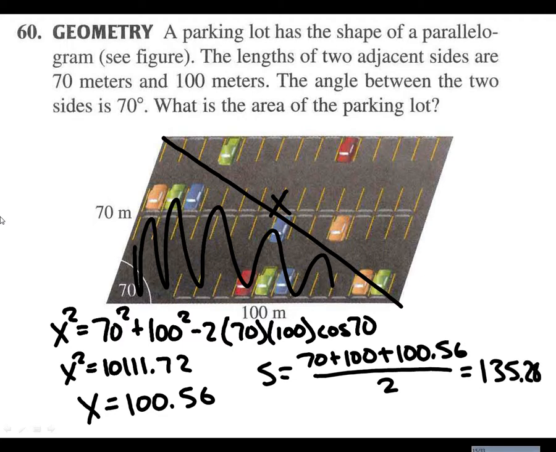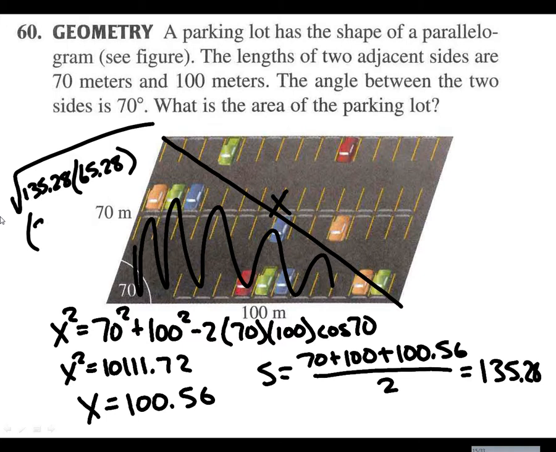And then we'll go Heron's formula, which is the square root of S, 135.28, times S minus A, so 135.28 minus 70, 65.28, times 135.28 minus 100, 35.28, and finally 135.28 minus 100.56, 34.72.